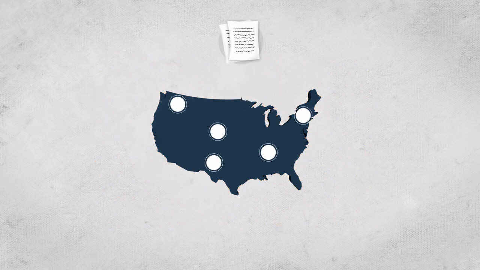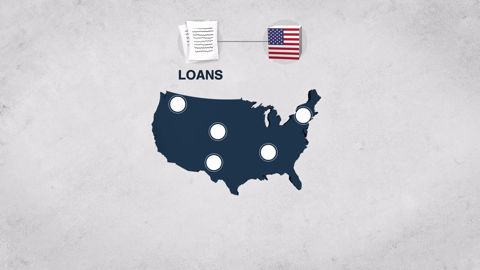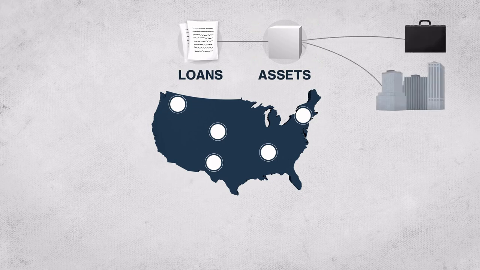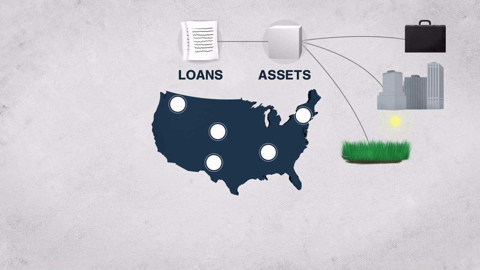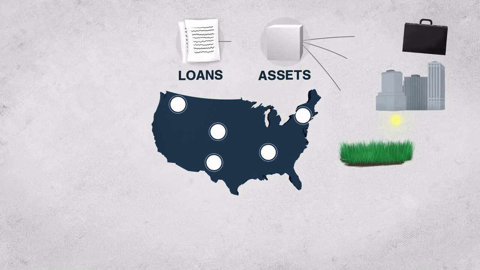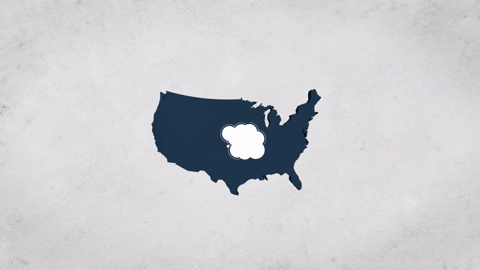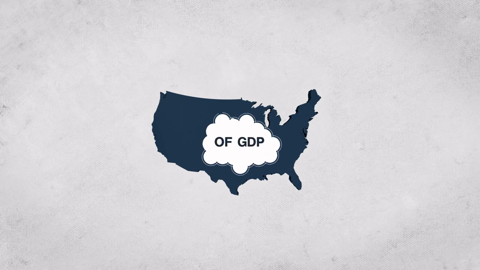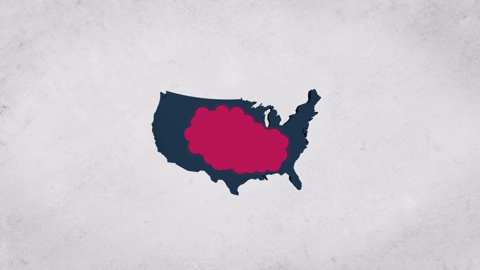Those claims take the form of loans that must be either refinanced or repaid, or in the form of U.S.-based assets purchased by foreigners with the U.S. dollars they earn. And those assets can include whole firms, buildings, land, and a few other items as well.